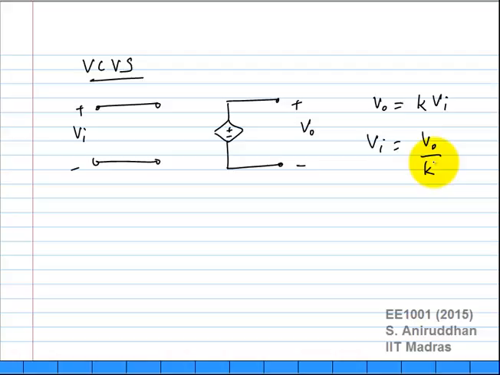I have a voltage, apply a voltage VI here between A and B. I see a voltage K times VI across C and D. I cannot apply K times VI across C and D and expect a voltage VI at the input.